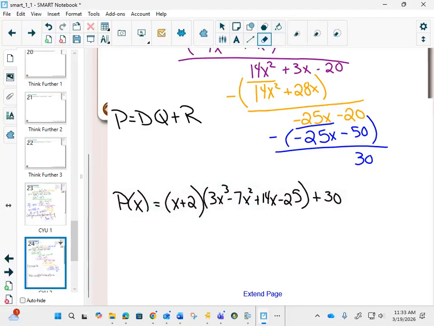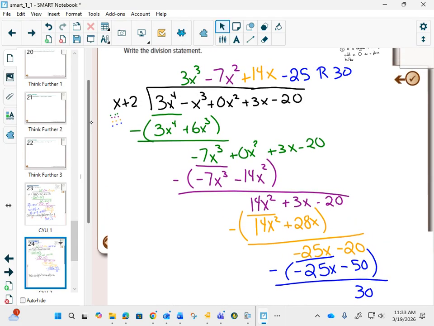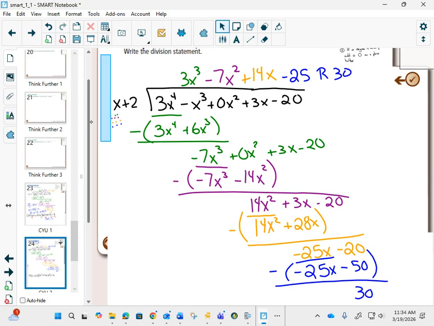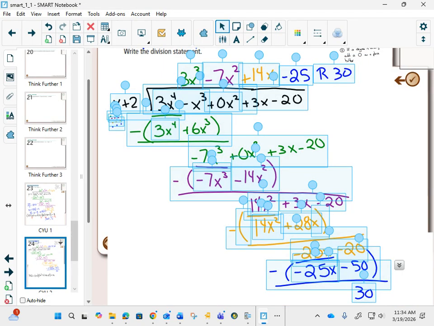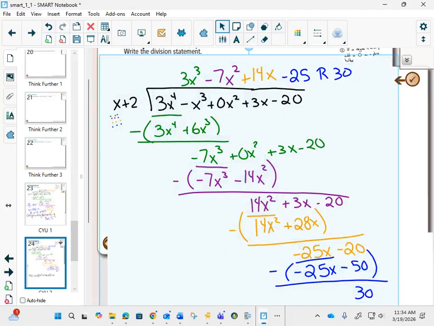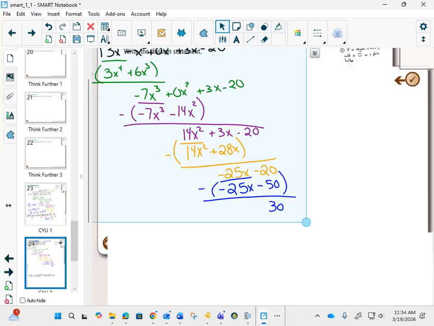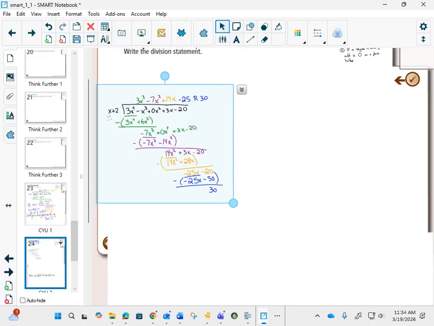I want to take our whole long division that we did here, see if I can do that all in one thing. Oh, yes. Group that together. I'm going to just shrink it a little bit. Can you still see it there? Okay. This is going to be the setup for example 3.